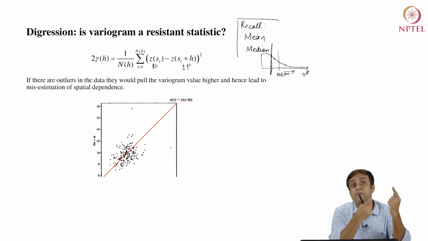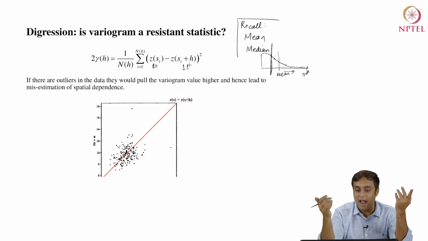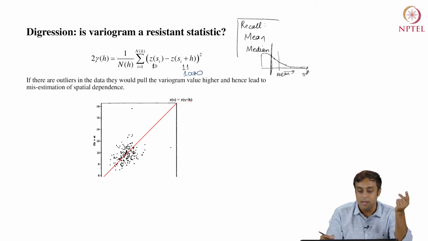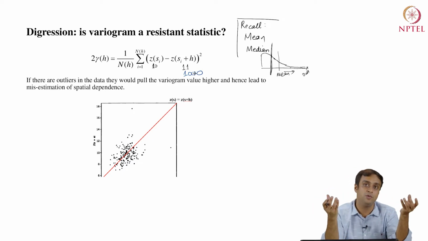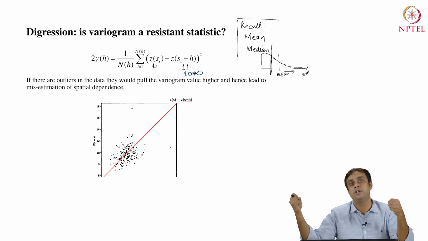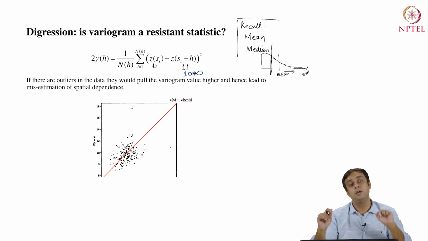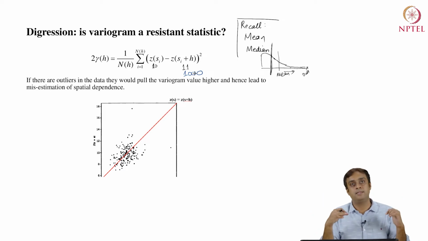But if at the lag h of s_i I had observed a value, let us say 1000, then the contribution will become 990 squared, which is a huge contribution to the 2 gamma h value. This will pull 2 gamma h to a greater positive value, which is a reflection of lower spatial dependence. So having an outlier value will create this misjudgment of lower spatial dependence in the data.